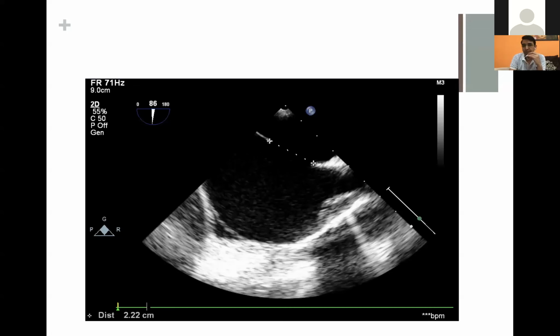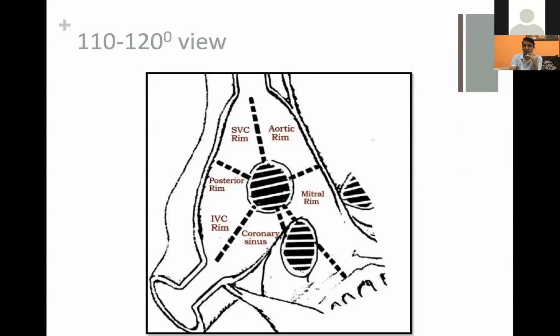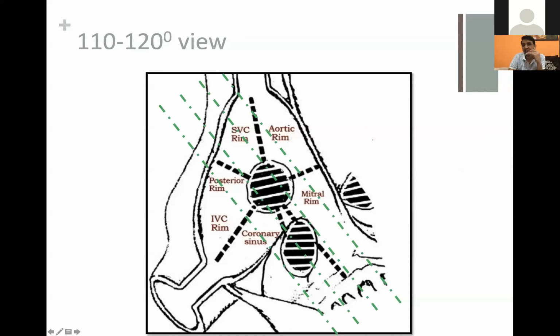Now, this view is not very well written about in the literature. Most people must be using it, but I find it very useful whenever we are trying to see oblong or unusually eccentric defects. This will delineate this area much better than any other view, and this area is also better defined in it.